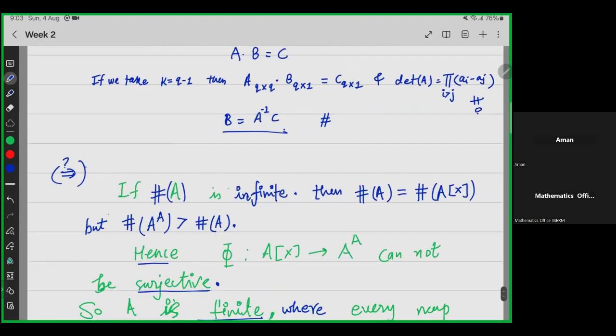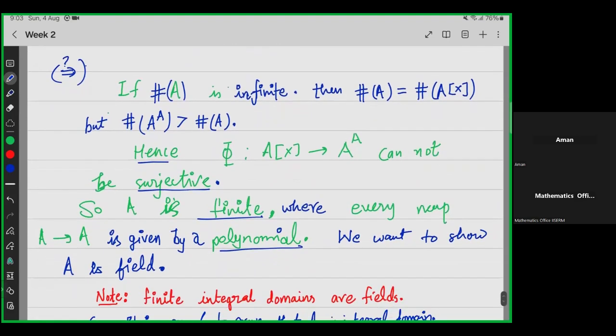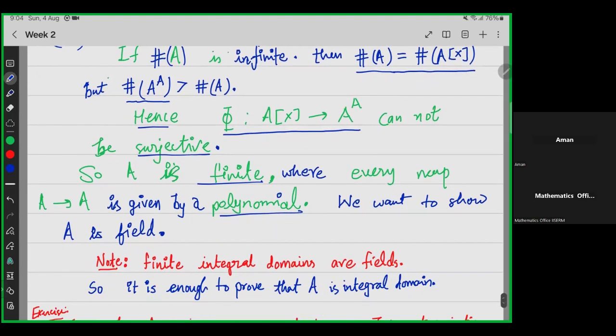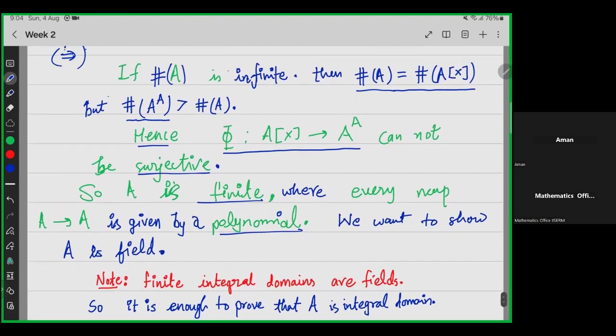Here I have written something: if the cardinality of A is infinite, then the cardinality of A is the same as the cardinality of the polynomial ring over A in one variable. But the cardinality of A power A is bigger than the cardinality of the power set of A, and the power set's cardinality is bigger than the cardinality of A. So this capital phi map cannot be surjective. So A should be of finite cardinality.